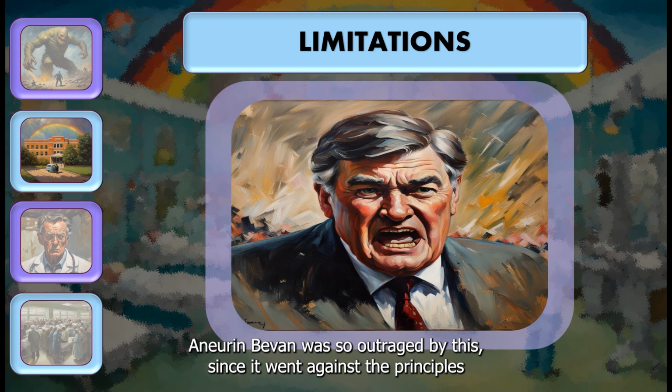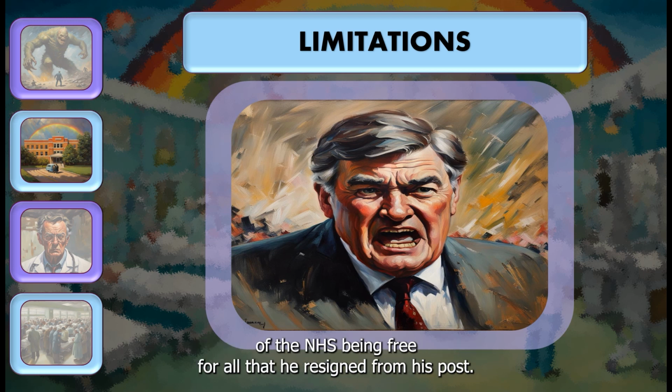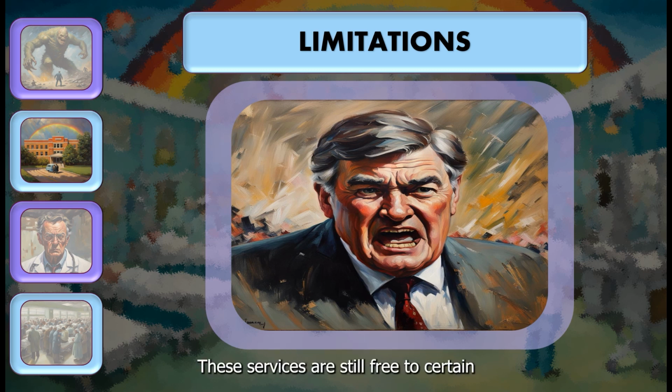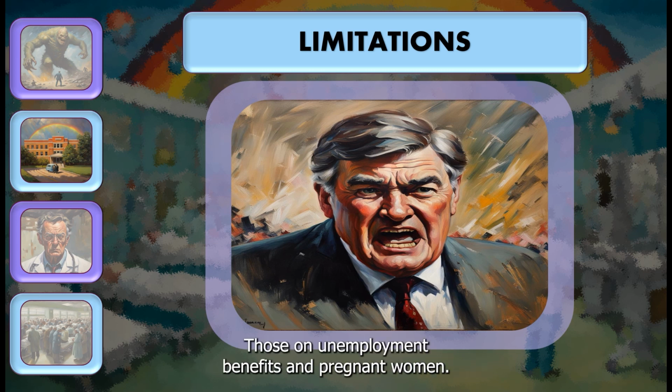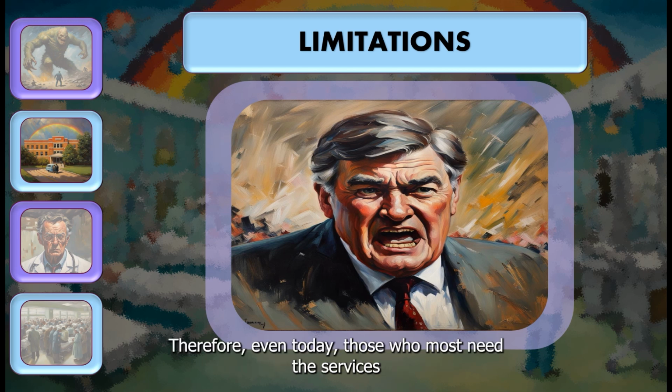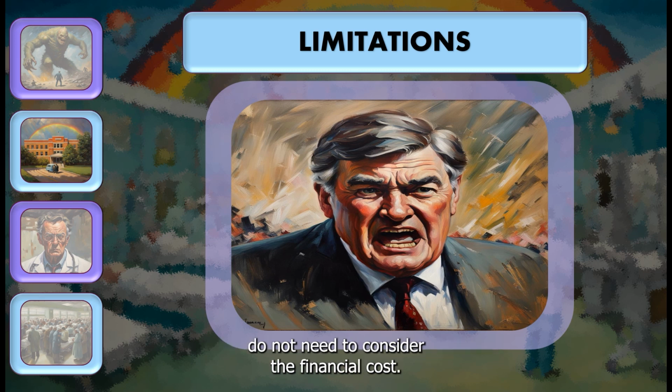Aneurin Bevan was so outraged by this, since it went against the principles of the NHS being free for all, that he resigned from his post. These services are still free to certain demographics, such as children under 18, those on unemployment benefits, and pregnant women. Therefore, even today, those who most need the services do not need to consider the financial cost.